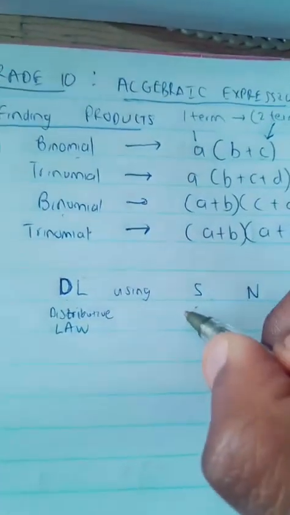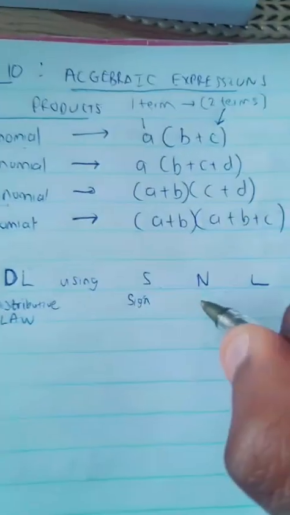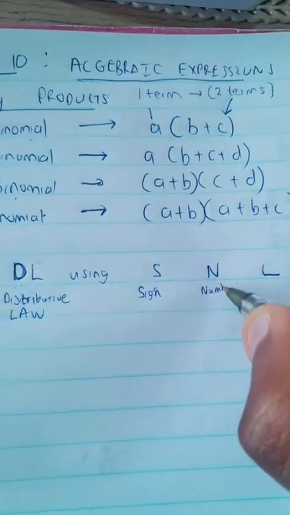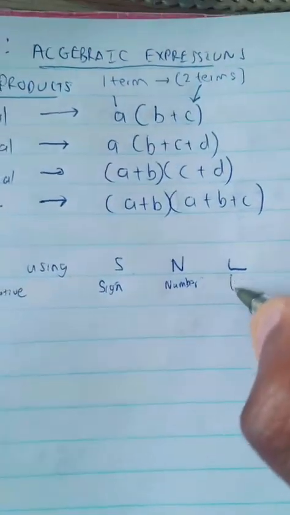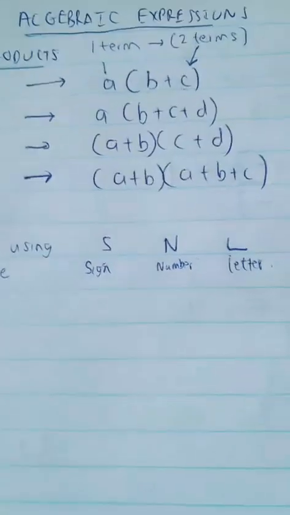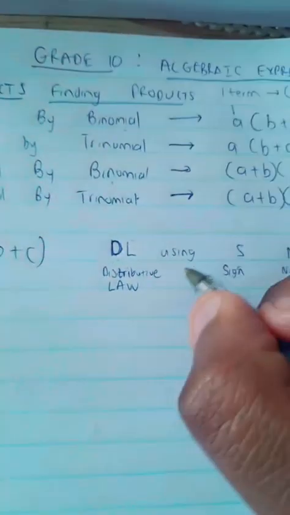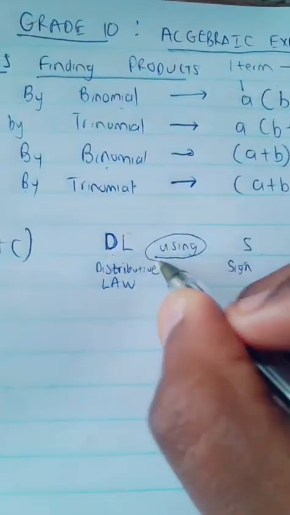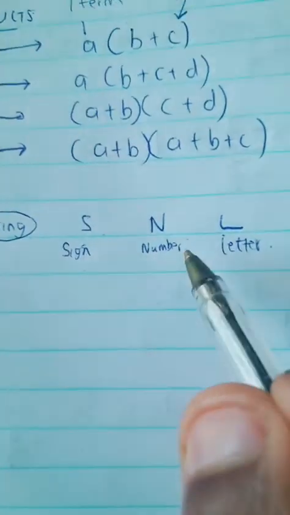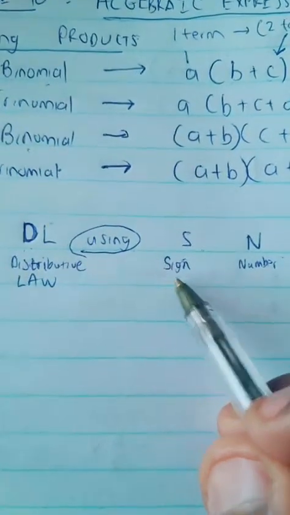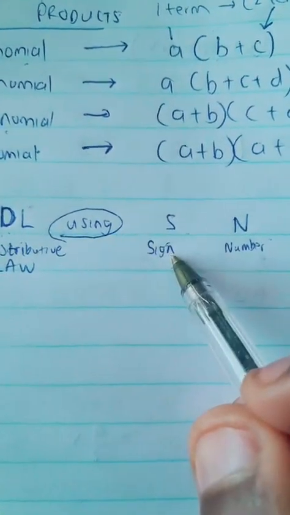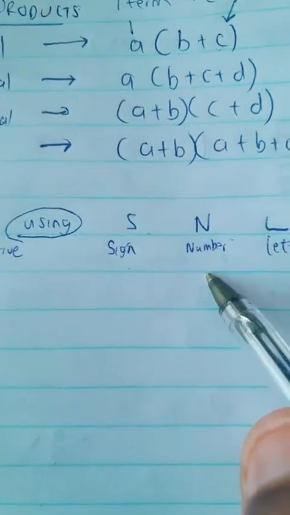What does S stand for? Sign, N, number, L, letter. So we are applying the distributive law using sign, number, letter, multiplying the sign first, the number next, and the letter next.